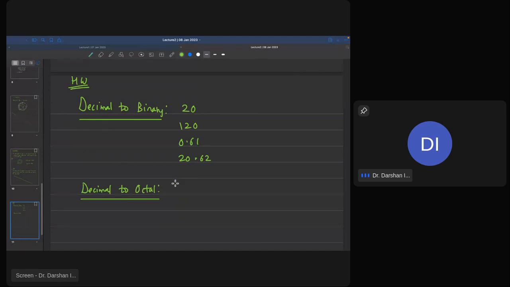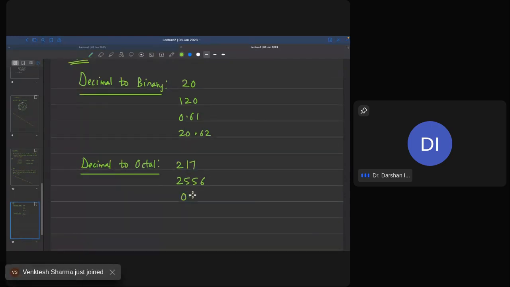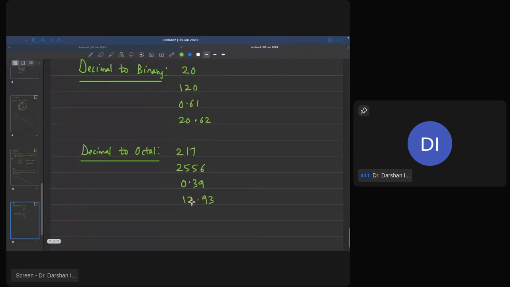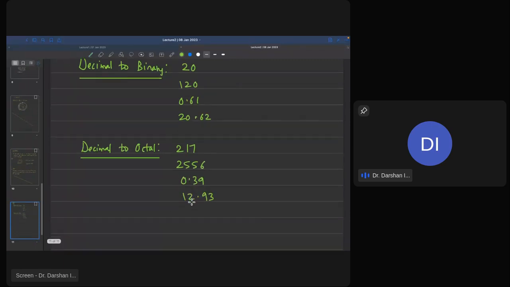Let's say 217, 2556 converted to octal. 0.39 converted to octal. You have to multiply by 8. We have already seen those methods. 12.93 converted to octal.